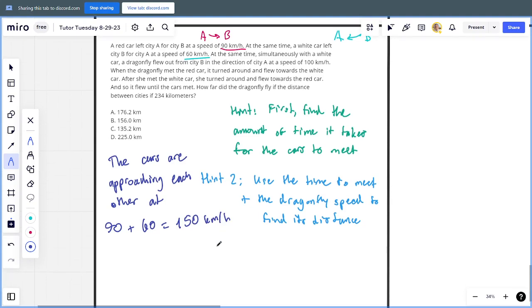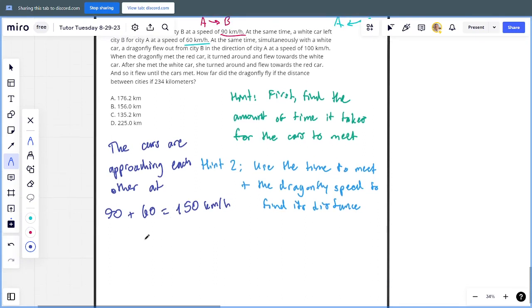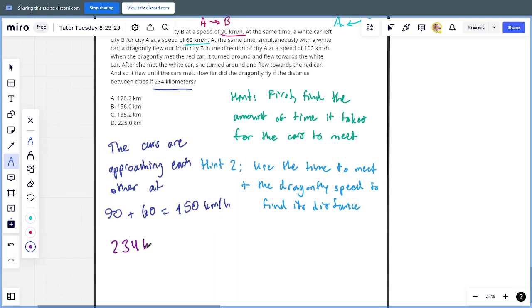And then I'm trying to remember how I solved this one. Yes, so the distance between the cities is 234 kilometers. So we take now in purple 234 kilometers divided by 150 kilometers per hour is going to get us 1.56 hours.